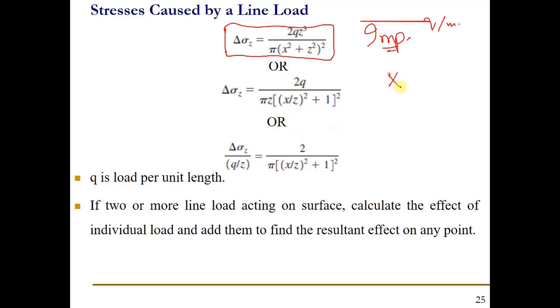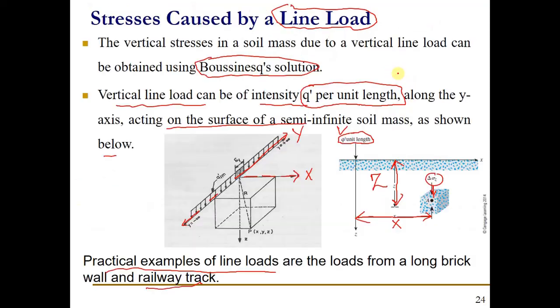The value of x should be known, and the value of z should be known. X is the distance from the line of action of that q per unit length to the particular point where we are interested to find out the delta sigma z, and z is the depth from the ground surface to that point.